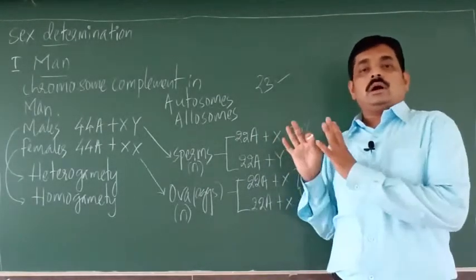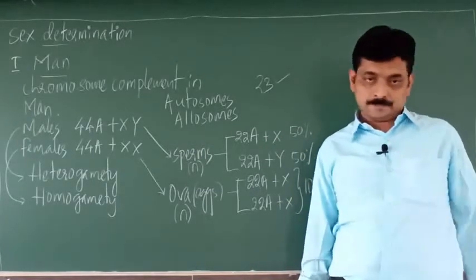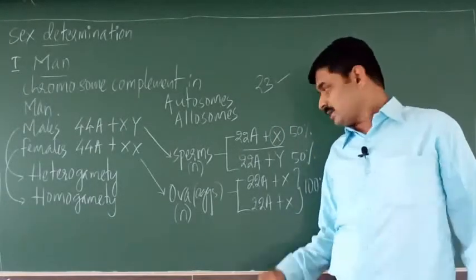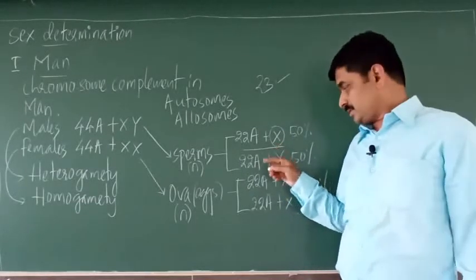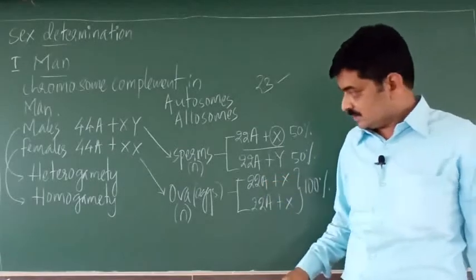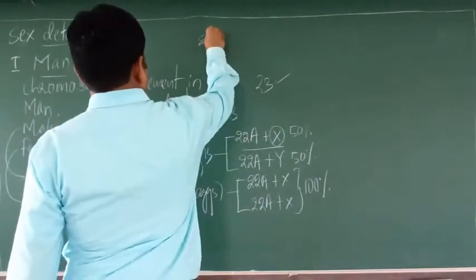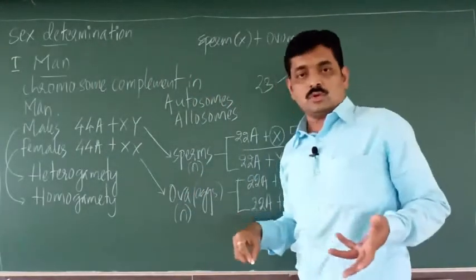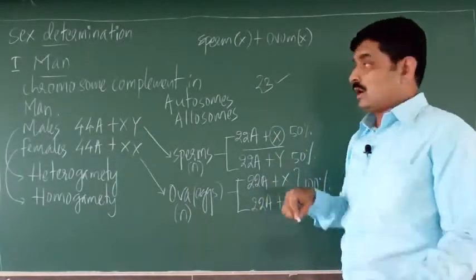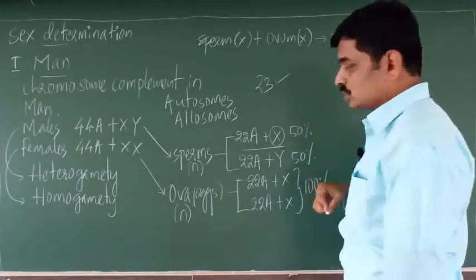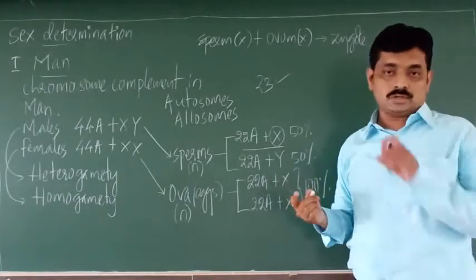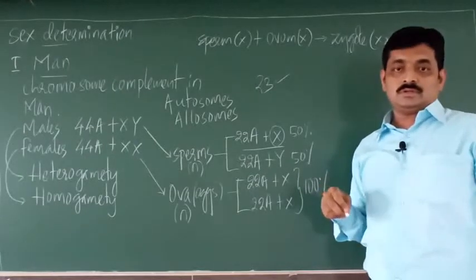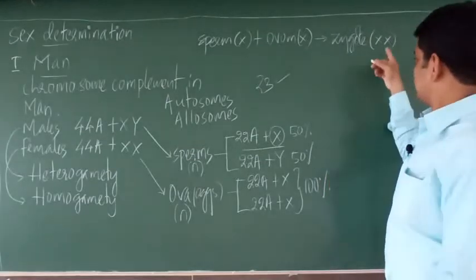Now, how is sex determined here? A human sperm having an X chromosome, if it fuses with the ovum, and the ovum always has X, then you get a zygote, and this zygote will have X and X. So the zygote will have a pair of X chromosomes along with the autosomes, that is 44 autosomes plus a pair of X chromosomes.